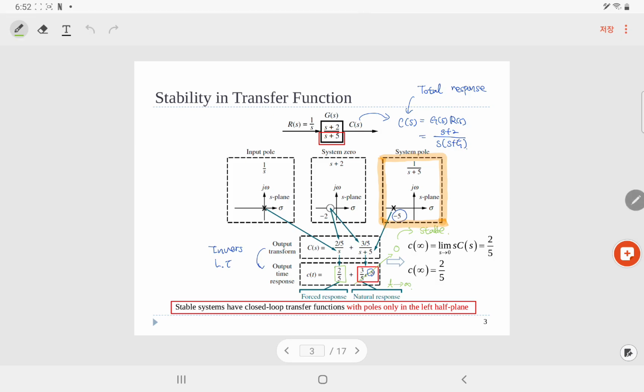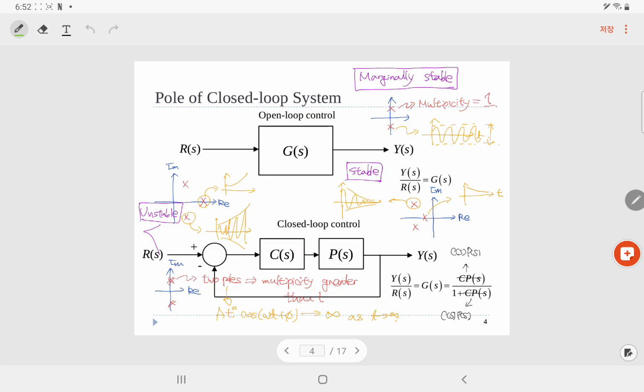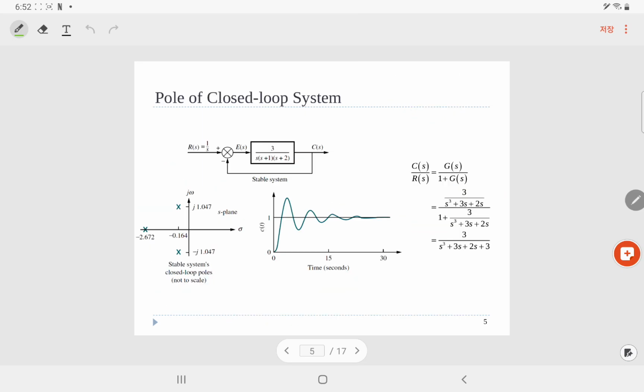Then let's consider two more examples. Let's see this page. Here we assume a unity feedback system like this. The transfer function is assumed to be denoted by G of s.